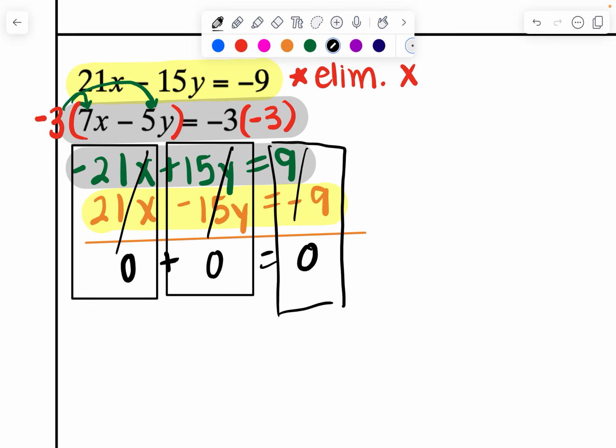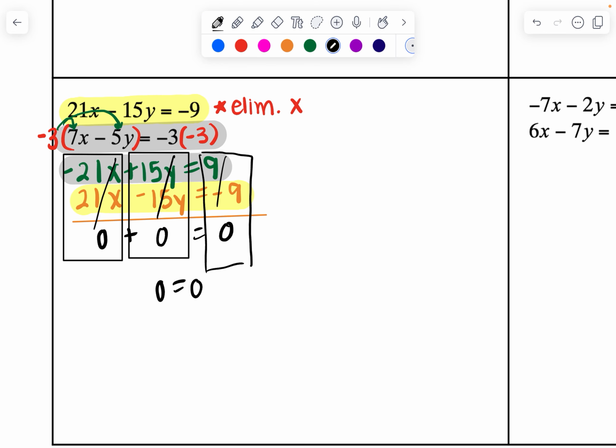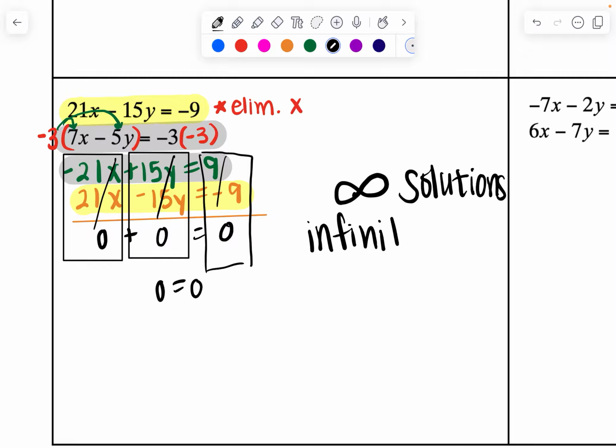Everything went away. If every single thing goes away and you're left with a true statement, like here I'd be left with 0 equals 0, then my answer is infinitely many solutions. You can either draw the infinity sign, or you can write it, infinite solutions.